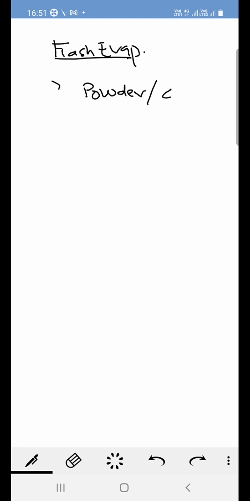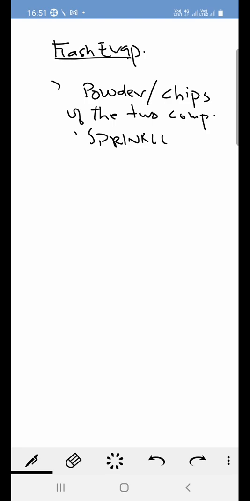Now, in flash evaporation, the powder or chips of the two components are sprinkled onto a superheated sheet.